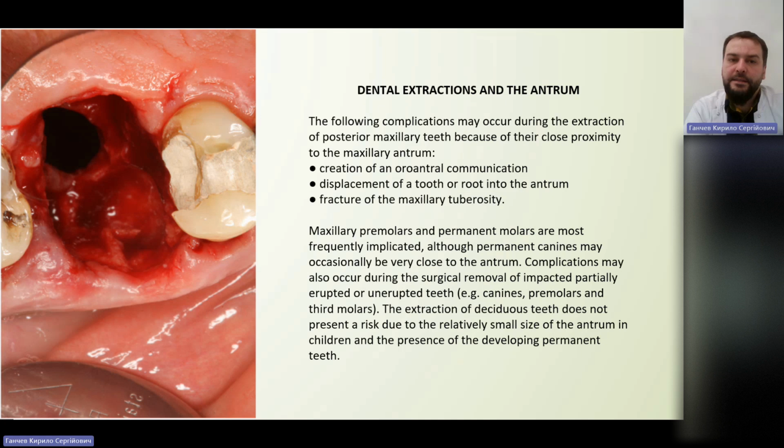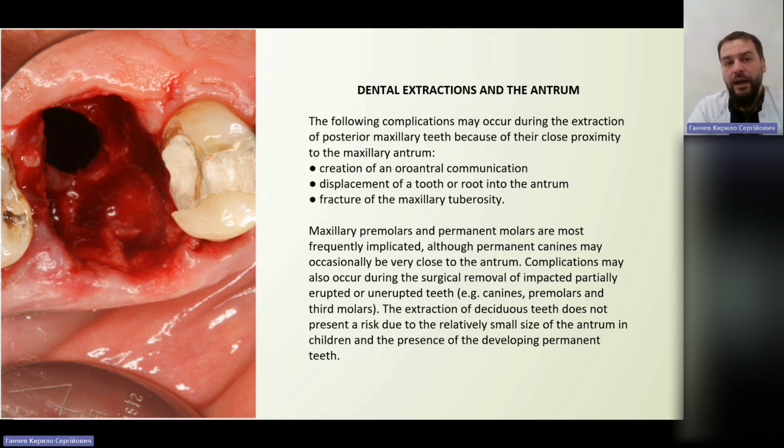What we have to understand before tooth extraction is the antrum. The following complications may occur during the extraction of posterior maxillary teeth because of the close proximity to the maxillary antrum.